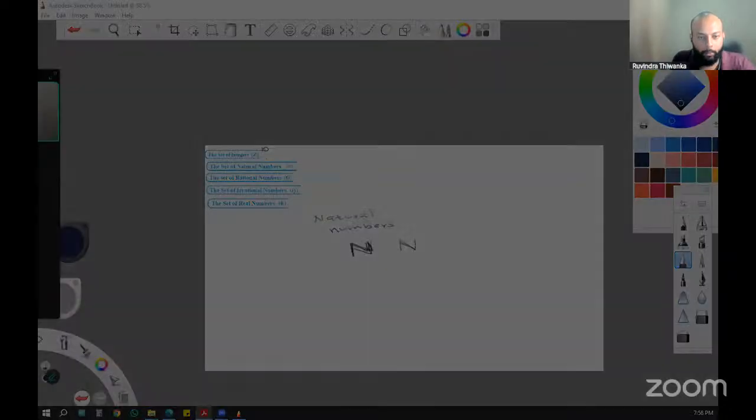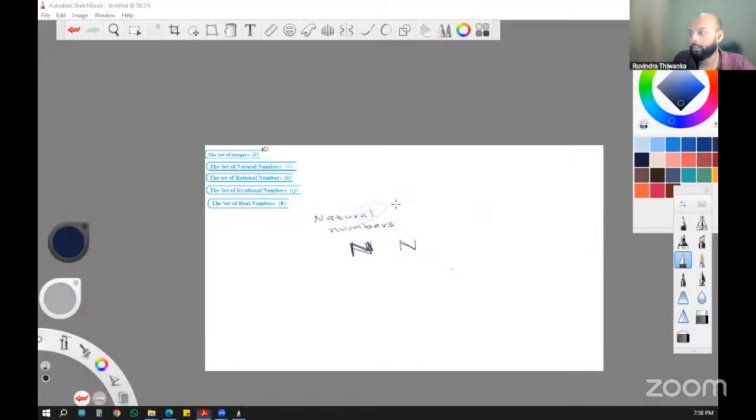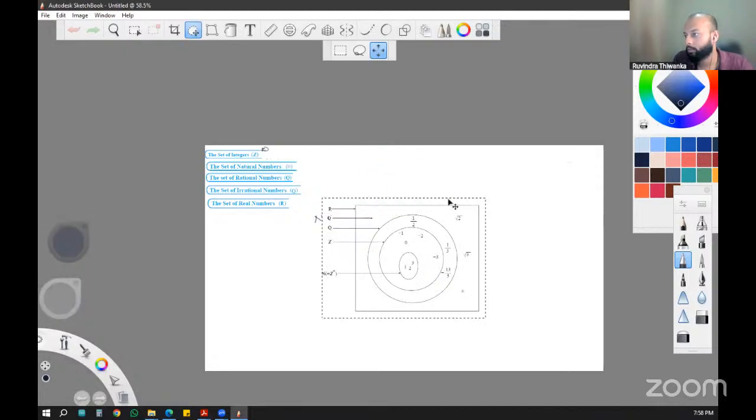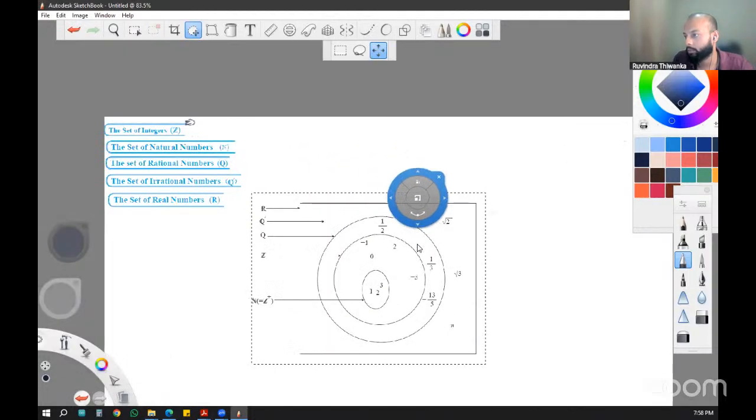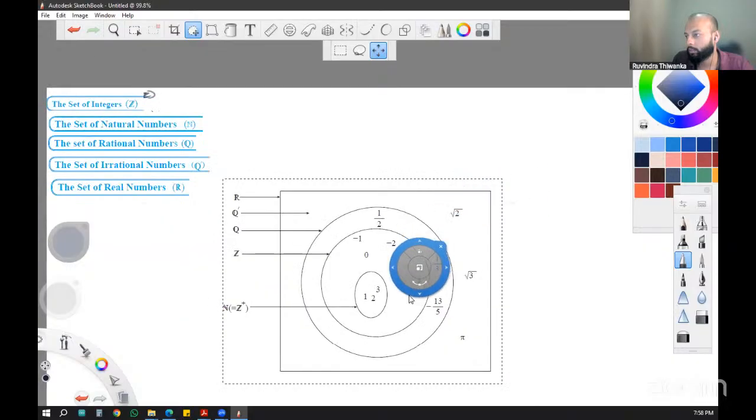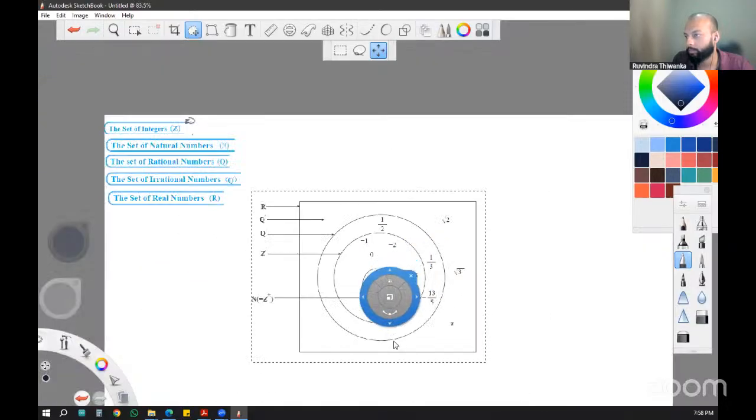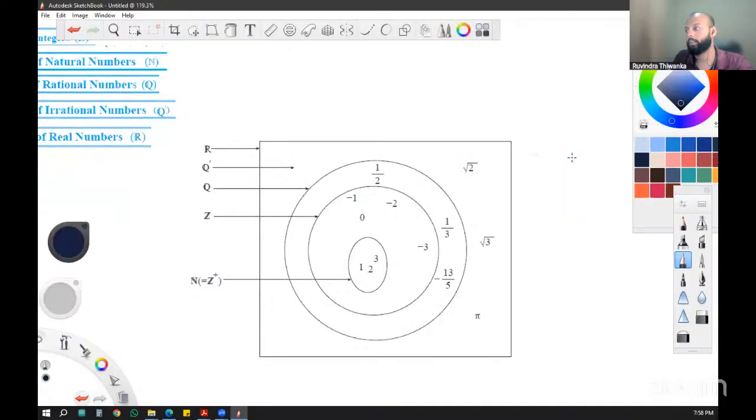In the grade 11 book, you have a pretty good one. Now, as you can see, this is what I explained so far.